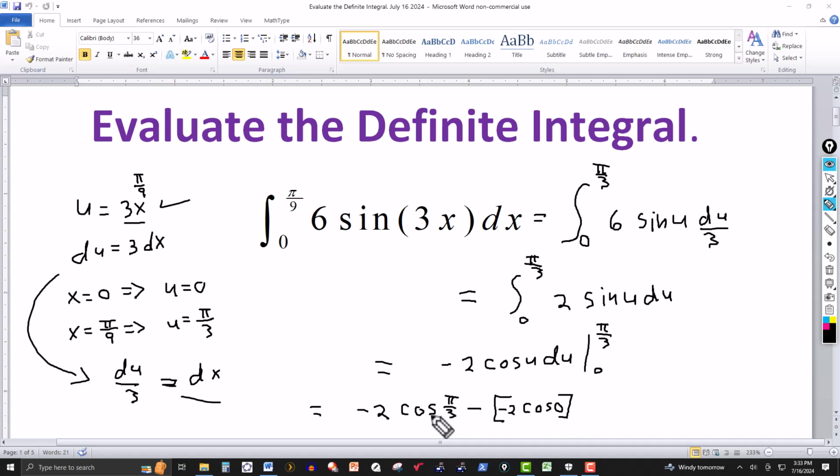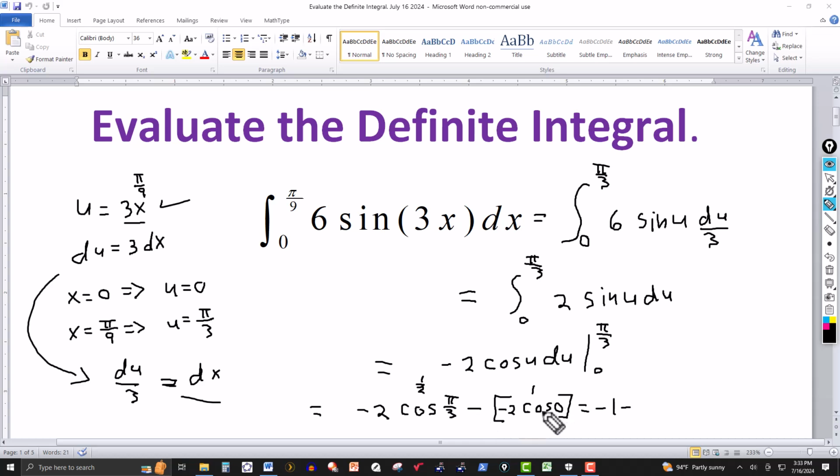So for this one here then, the cosine of pi over 3, or 60 degrees, is 1/2. Cosine of 0 is 1. So we have 1/2 times a negative 2, that's a negative 1. And then it's minus from here.